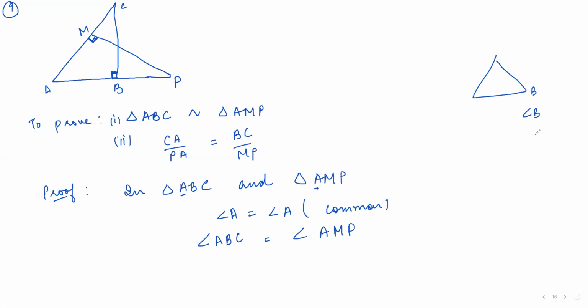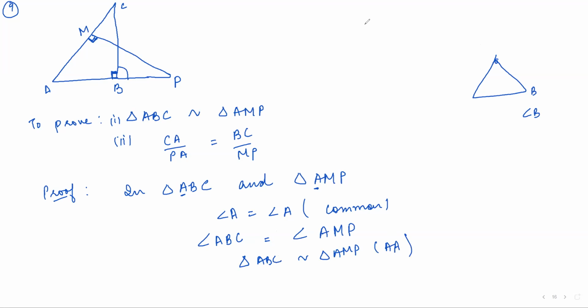But B here is not a corner angle, so how will you differentiate? So you have to name it ABC. So the triangles have become similar by AA criteria. So ABC is similar to AMP by AA criteria.